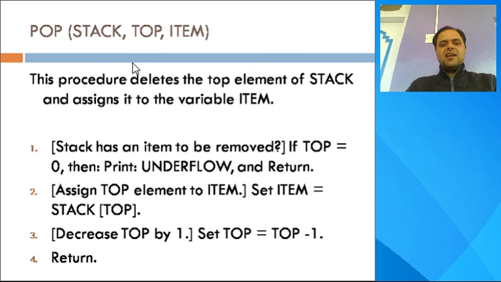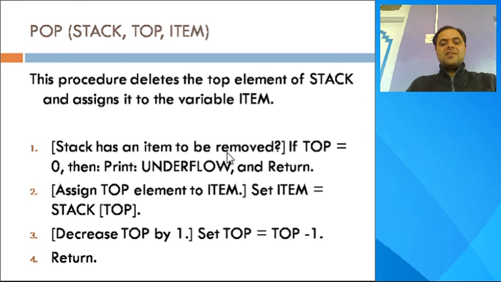Here stack is an array. Top is a pointer, and item is a variable in which we assign the element which we delete from the stack. So this procedure deletes the top element of the stack and assigns it to the variable item. First we have to check if we have an element in the stack or if our stack is empty.